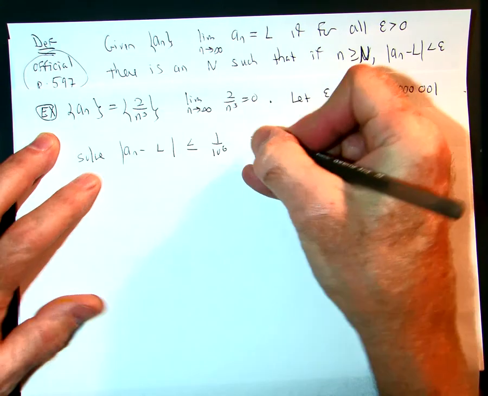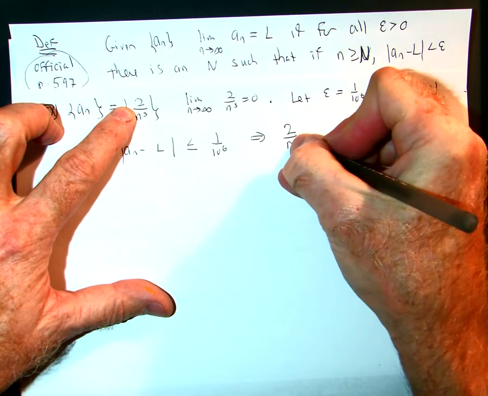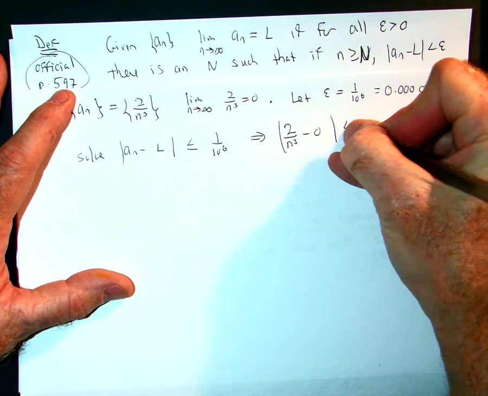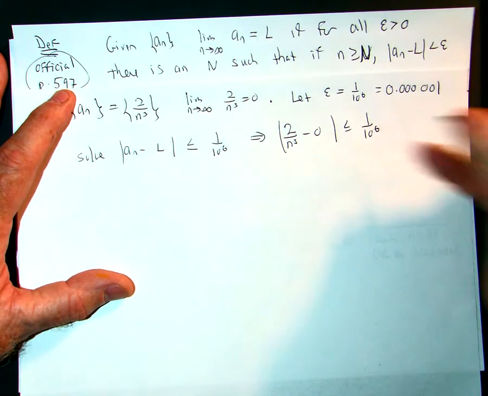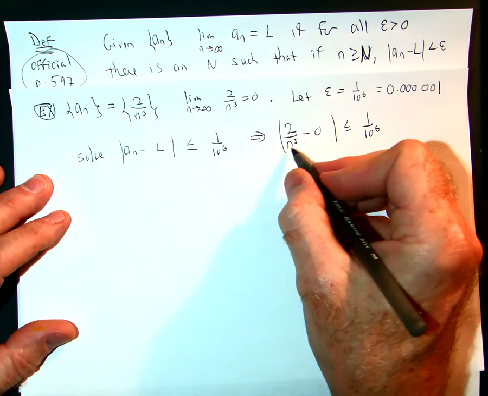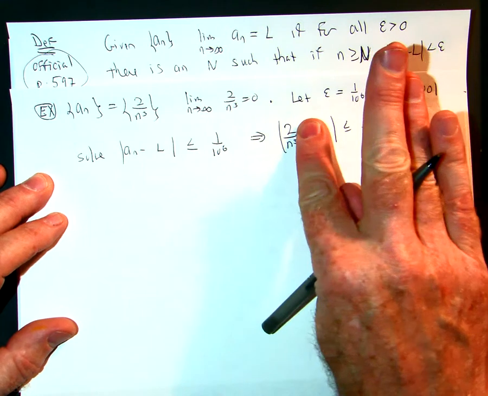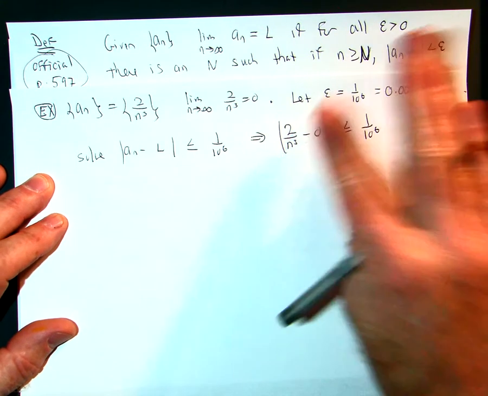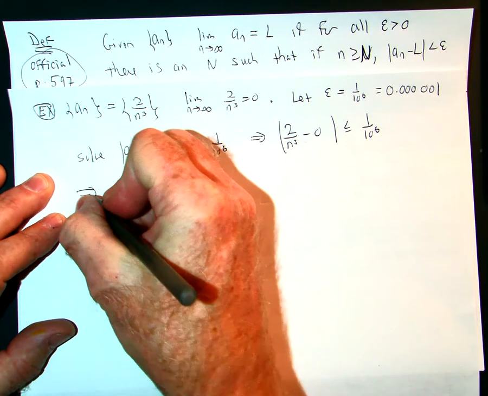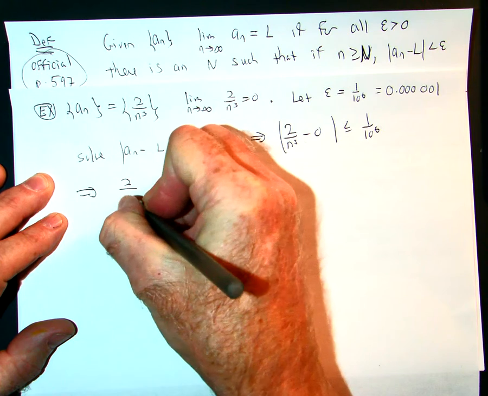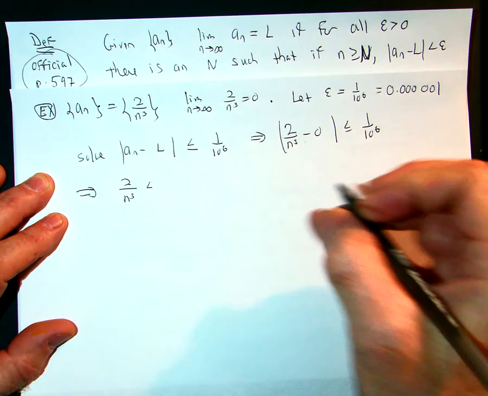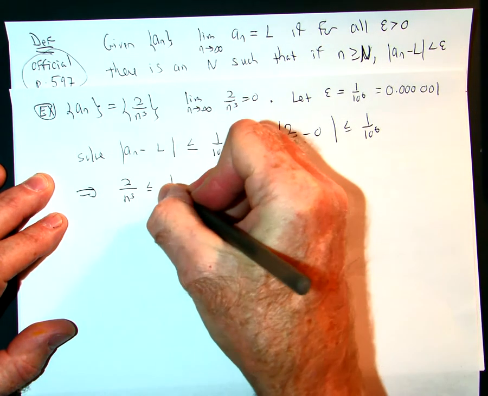Well, that means 2 over n cubed minus 0 is less than 1 over 10 to the 6. The absolute value of 2 over n cubed is just 2 over n cubed. So I need to solve 2 over n cubed is less than or equal to 1 over 10 to the 6.